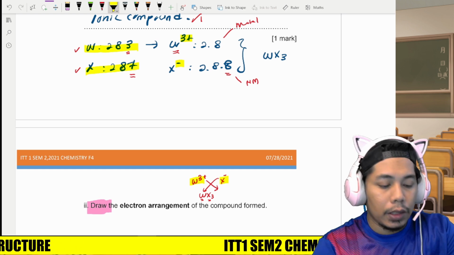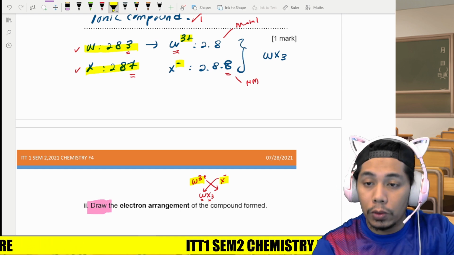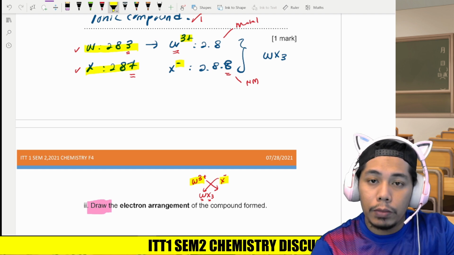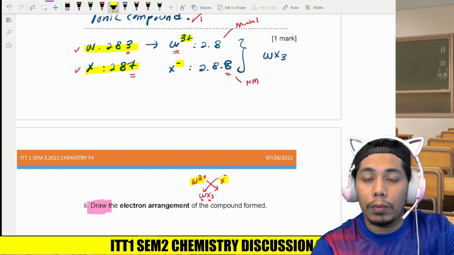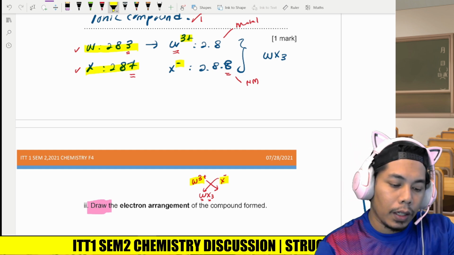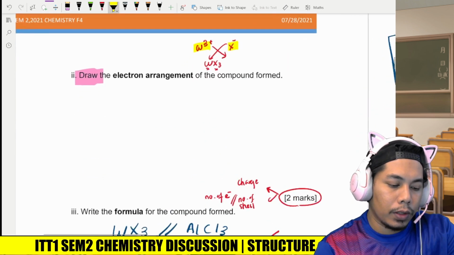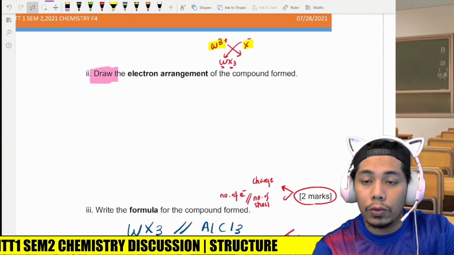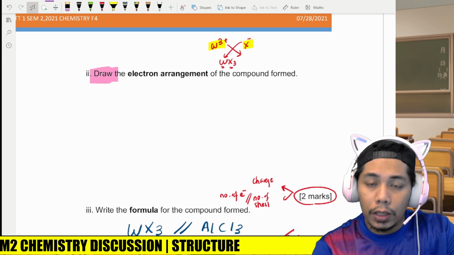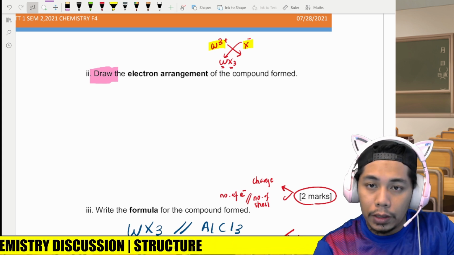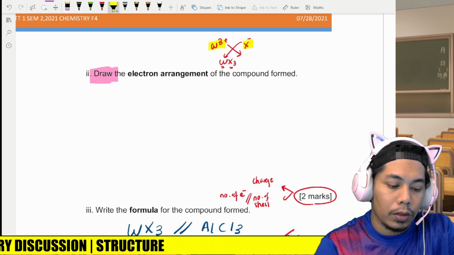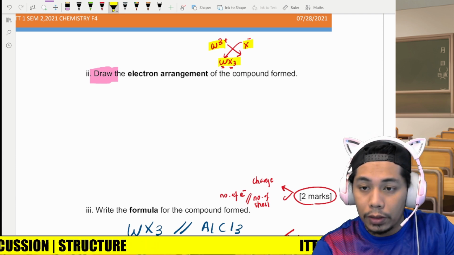What is meant by negative? Negative means electrons are more than protons. Positive charge means electrons are less than protons. After we identify the charge for each ion, we can use the cross method, and the formula is WX3.